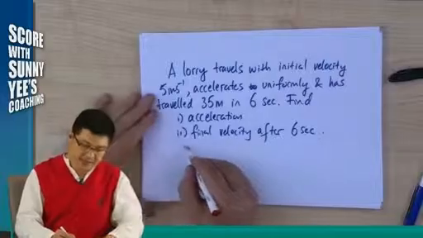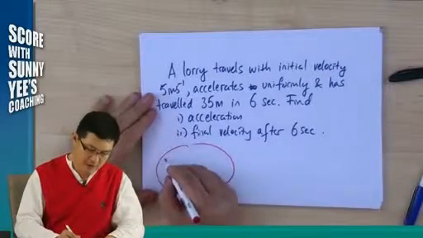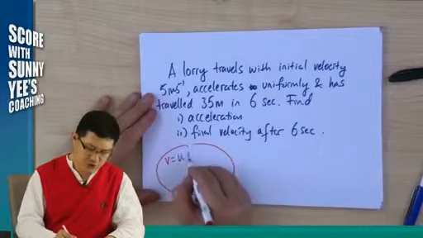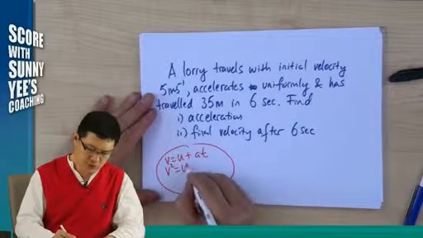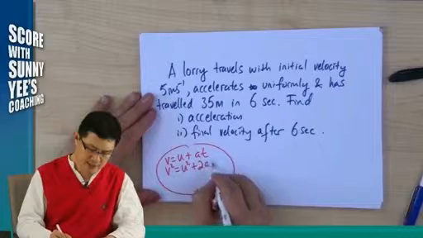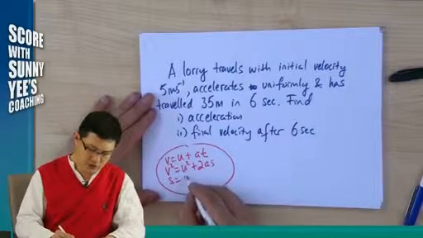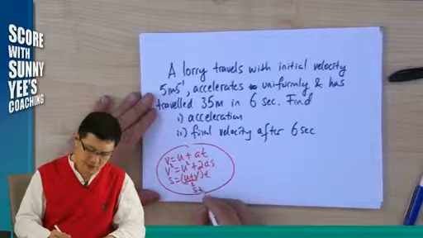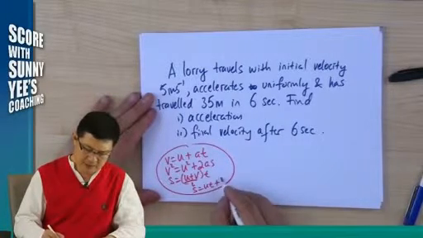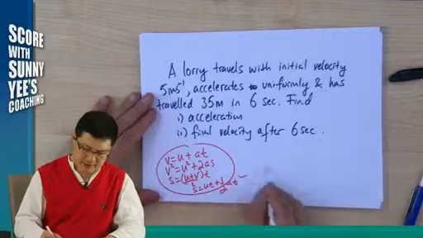Bear in mind that we are going to have all these formulas again. V equals U plus AT. V squared equals U squared plus 2AS. S equals (U plus V) over 2, times T. S equals UT plus half AT squared.